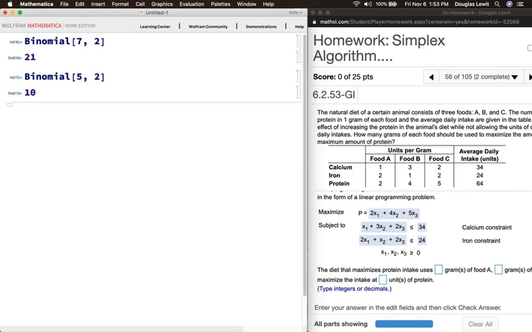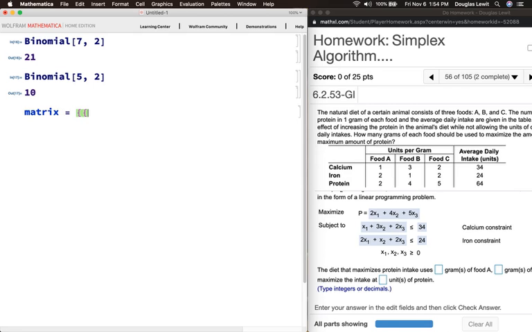If I move these variables to the left of p, then they're going to change sign. Instead of positive 2x1, I'll have negative 2x1. Instead of positive 4x2, I'm going to have negative 4x2. Instead of positive 5x3, I'm going to have negative 5x3. Okay, and then plus p is equal to 0. And the whole thing has to get put into the form of a matrix. So here's what I'm going to do. All right, I'm going to call it, or you can call it whatever you want to call it, matrix.